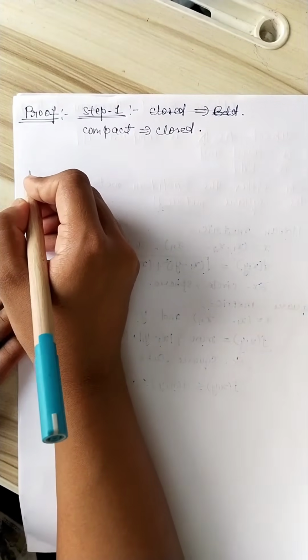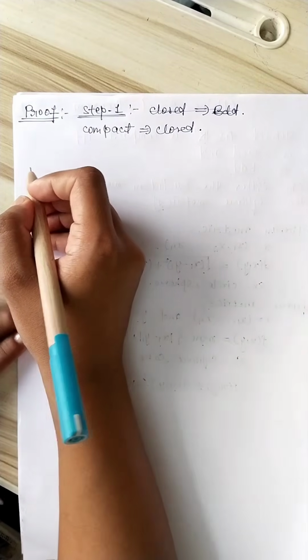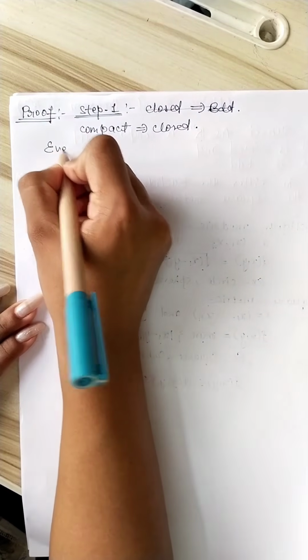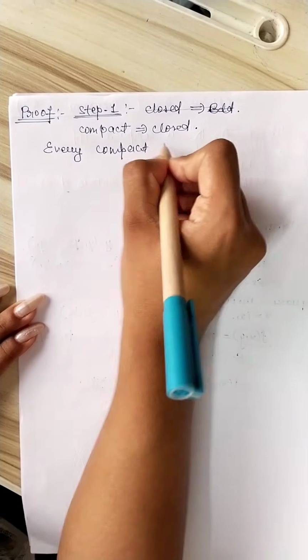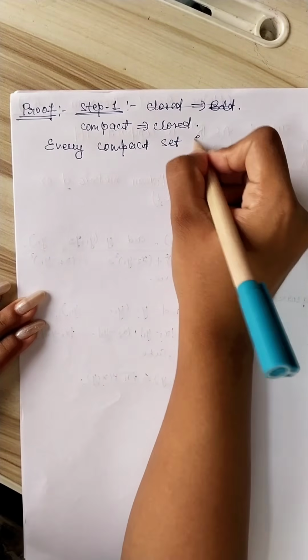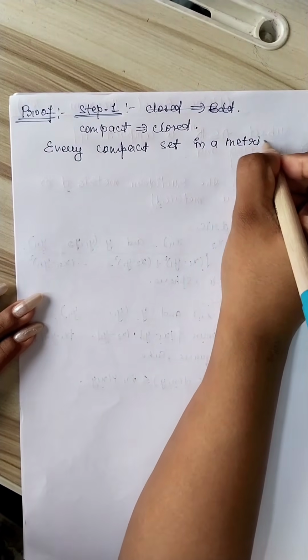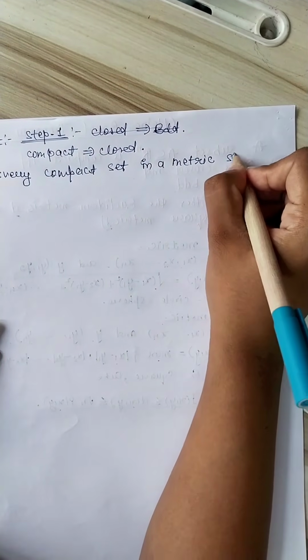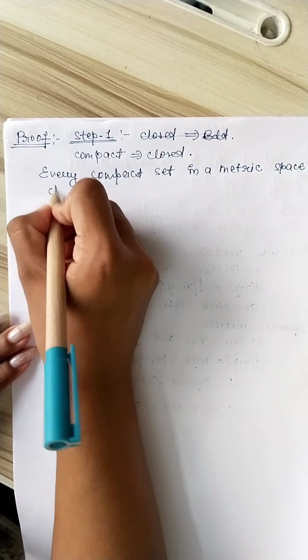We know that every compact set in a metric space is closed.